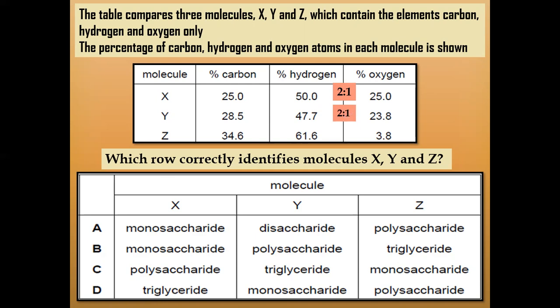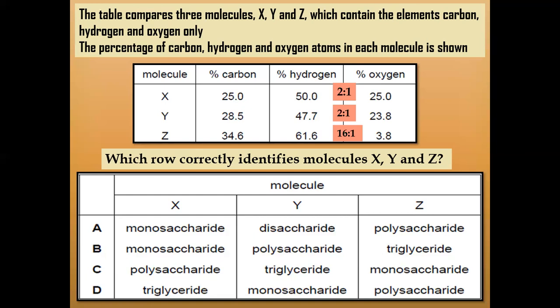This indicates that the X and Y molecules are carbohydrates, while Z is 16:1, which shows that the percentage of oxygen is very low compared to the hydrogen. So Z is a lipid, belonging to triglyceride.